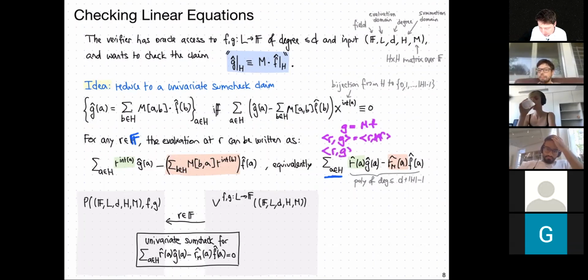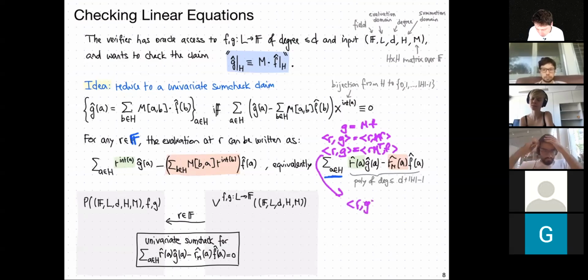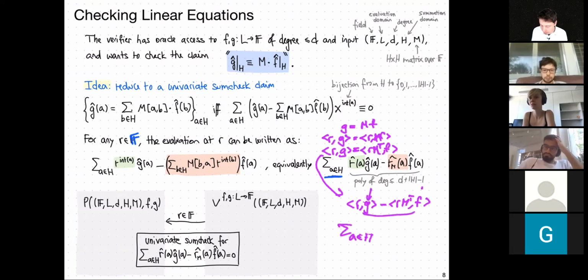And because these things are bilinear, I can flip it over to the other side, M transpose F. That gives me something that looks like RG minus RM transpose F. But that's just a sum over some index A of this expression. This is already a polynomial, this is already a polynomial. I can just logically extend this one, logically extend that one. So that's all that's happening, okay? We're taking a random linear combination. Why? Because a random linear combination will create a sum. And a sum we know how to solve.